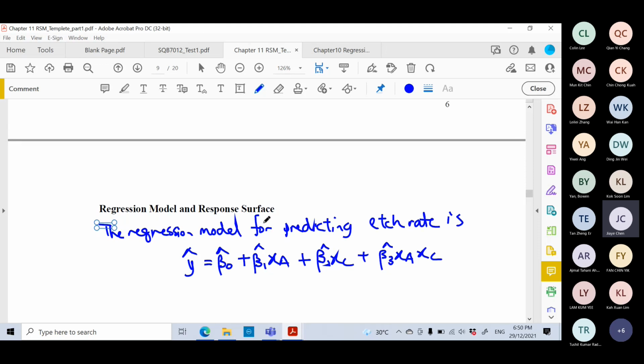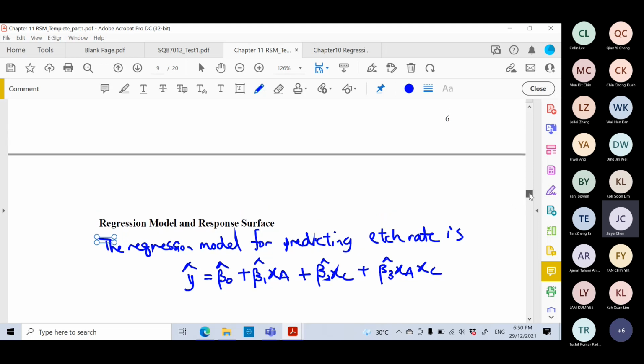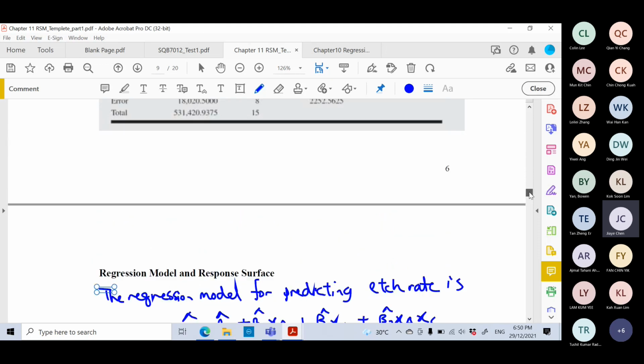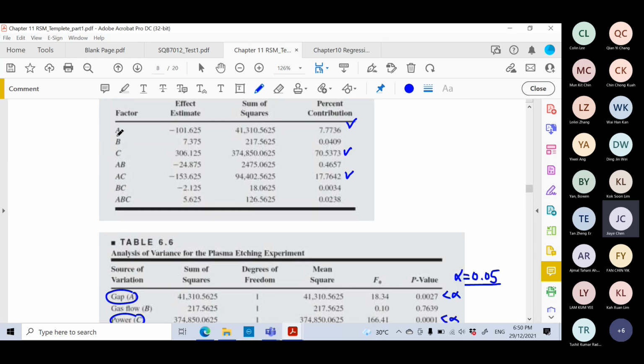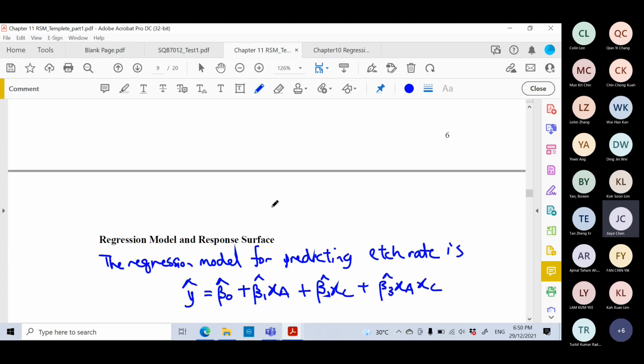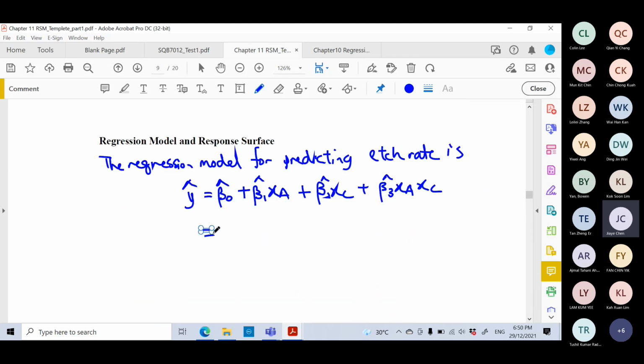Based on the fitted equation, we can check the effect of factor A, factor C, and the AC interaction, and put them in our equation. Of course the first one will be the mean, which is the average value of all the observations, so you get 776.0625.